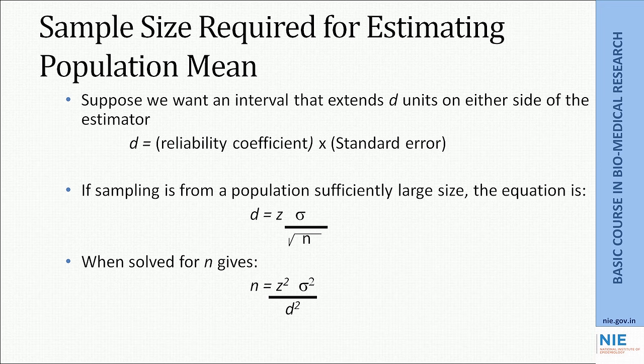The general idea of the computation of sample size is that a reliability coefficient times the standard error is called D, and through D we can estimate the sample size n. The formula given here is D equals Z into sigma by square root of n.